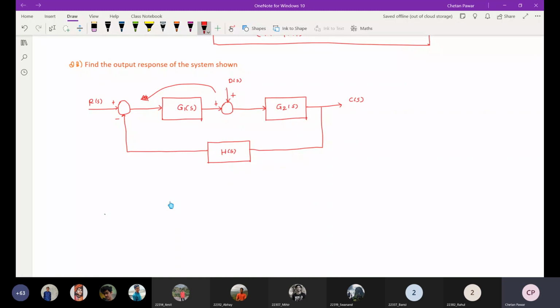At a time you apply only one input and find the output. In this method also we need to find the output response C of S for these two inputs, so I will apply the superposition theorem here.